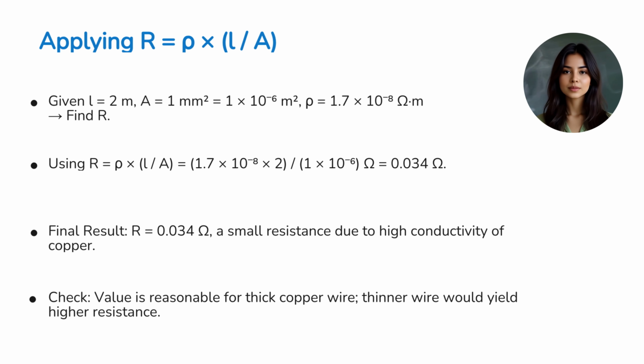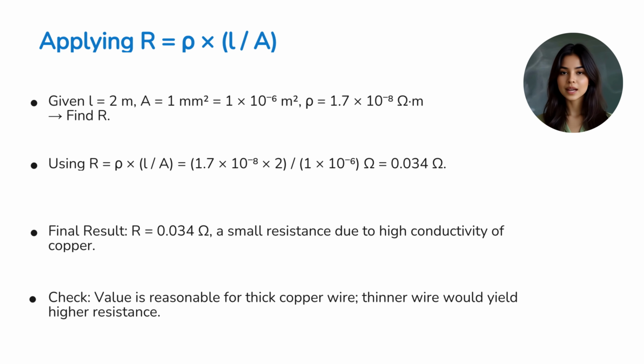Why so small? Because copper is an excellent conductor, it offers very little opposition to electric current. And here's a quick logic check. If we used a thinner wire, meaning a smaller cross-sectional area, the resistance would increase because electrons would have a narrower path to flow through.